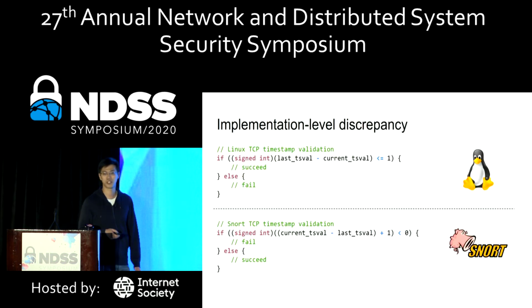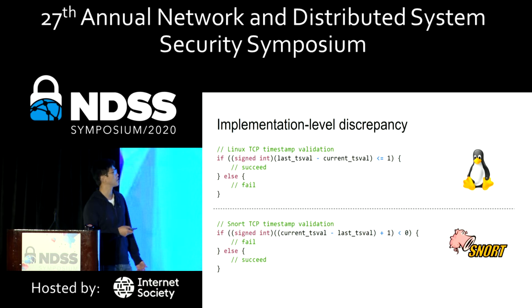To give you an intuitive idea of an implementation-level discrepancy and why it is hard to find, here is an example of a very subtle discrepancy between Linux and Snort, which is an open source network intrusion detection system. When TCP processes an incoming packet, it needs to check if the timestamp on the packet is in a valid range.